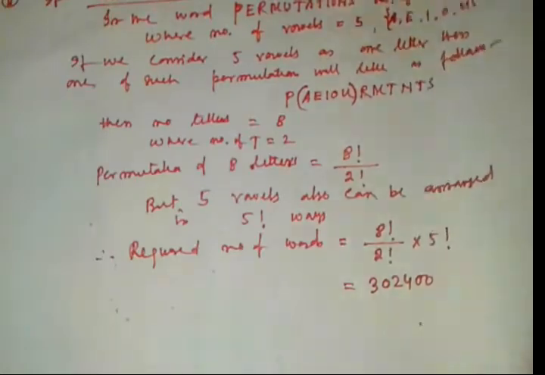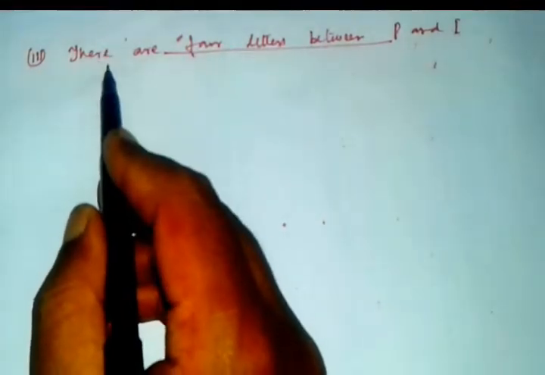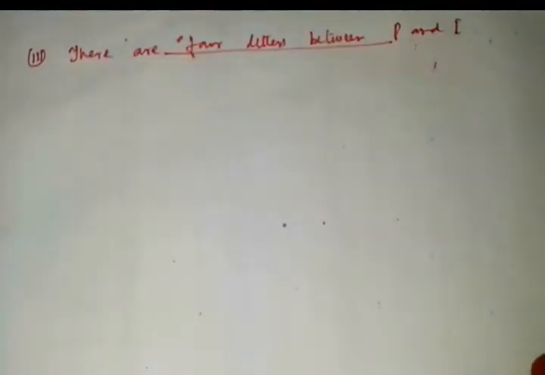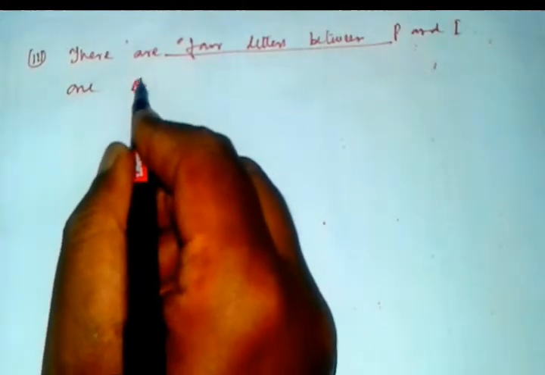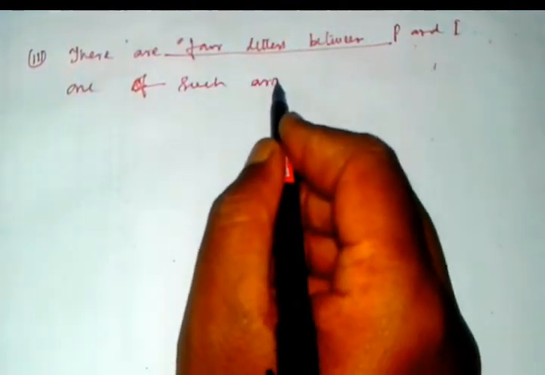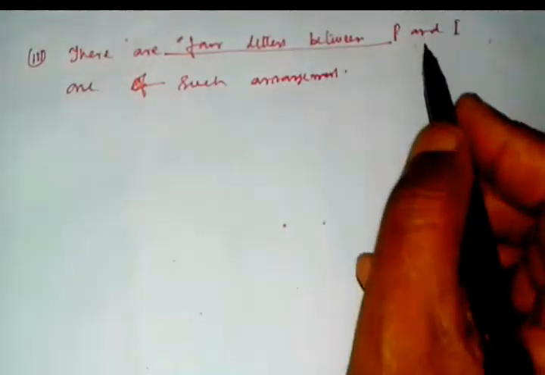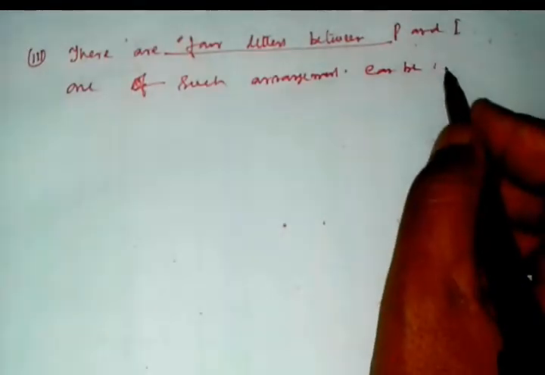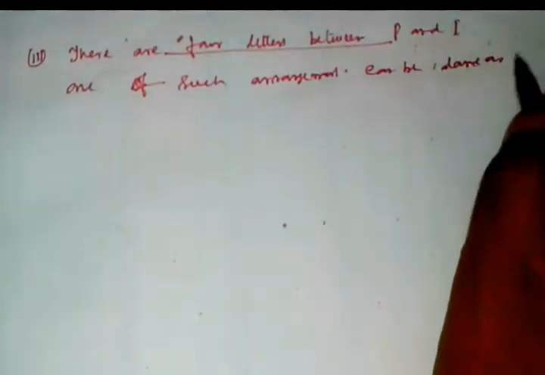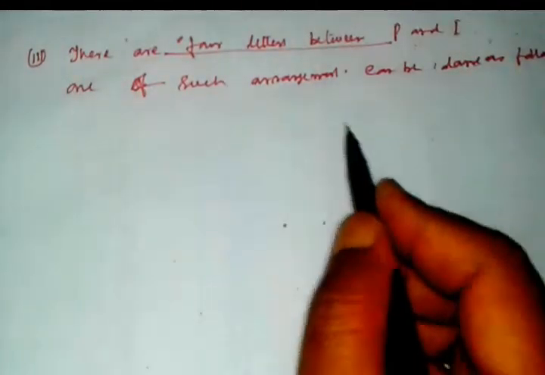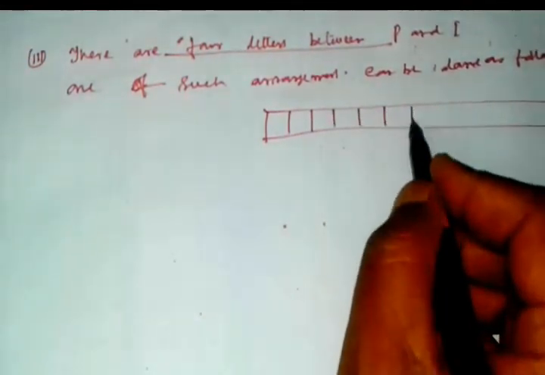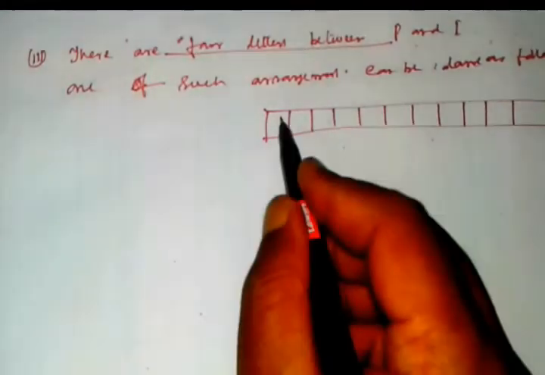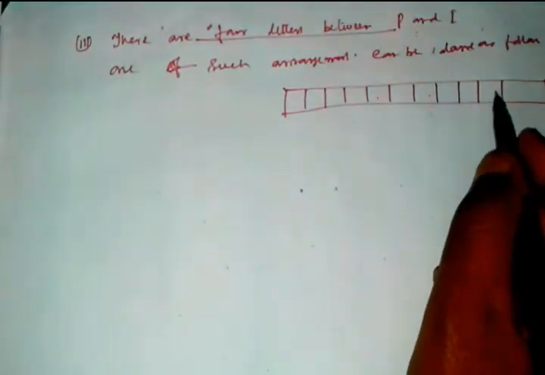Next, the third one: there are 4 letters between P and I. One of such arrangements can be done as follows: 1, 2, 3, 4, 5, 6, 7, 8, 9, 10, 11, 12.